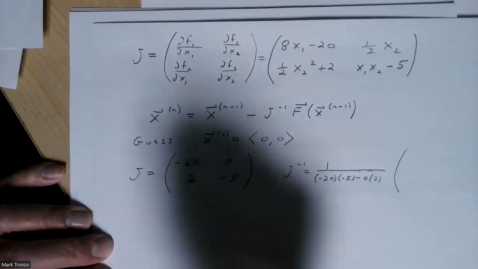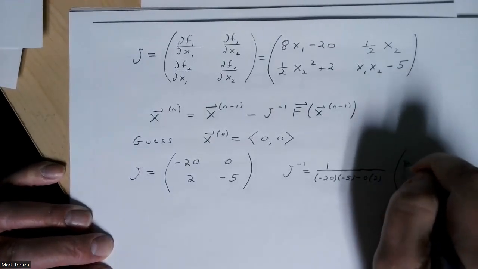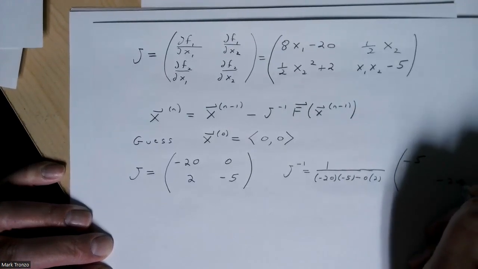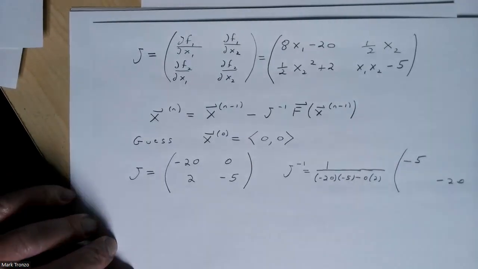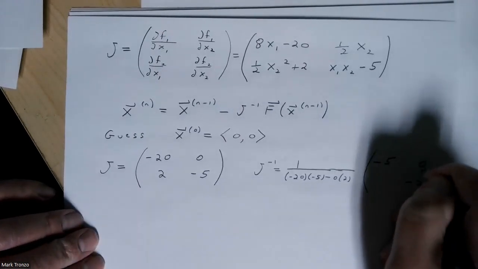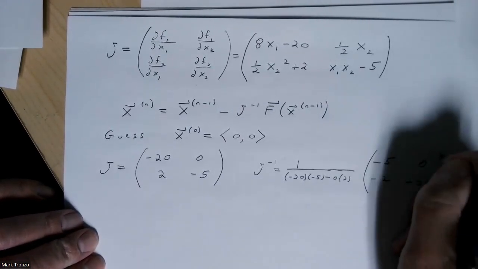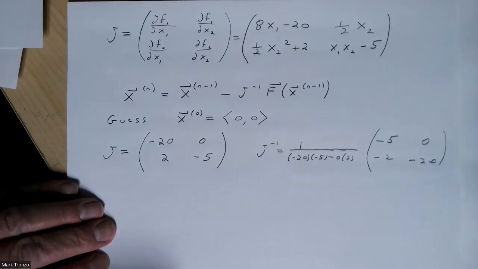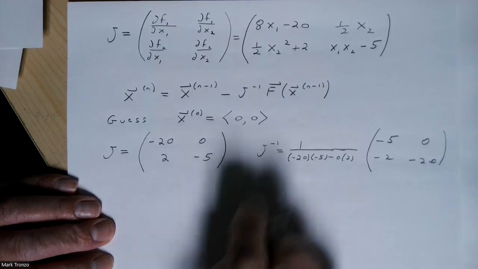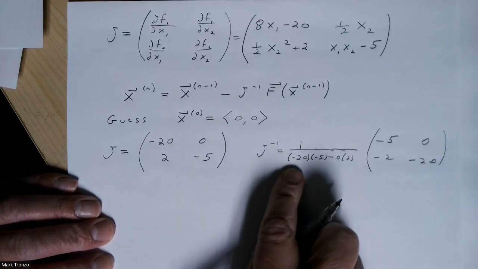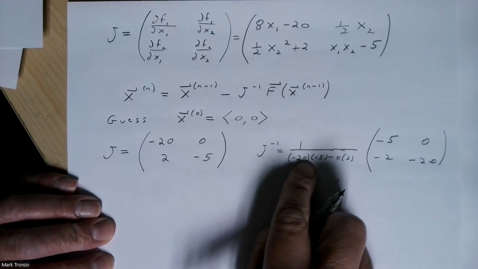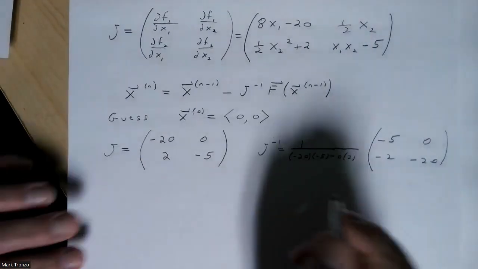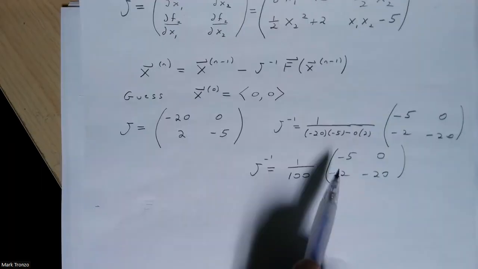We switch these two, and change the sign of those two. So we have something like this. And this actually comes out to be 1 over 100. And let me just write that down.